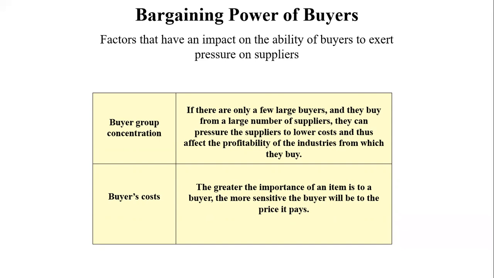Now, buyers' costs. Research also indicates that the greater the importance of an item is to a buyer, the less sensitive the buyer will be to the price it pays. So if I attach a lot of importance to an item or a product that I'm buying, then even if the price goes up, because of the importance, I will still be willing to pay for it.